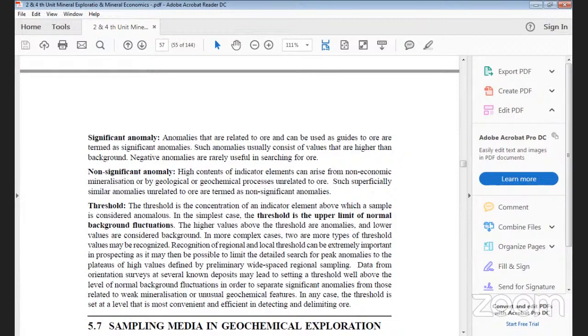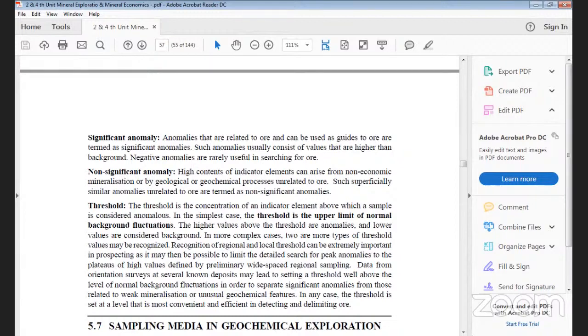So first, we conduct the recognition survey in that area, collect the samples and do the analysis. After that we get the results, and as per the database we fix some threshold values, and as per the threshold values we again do the analysis, again we do a detailed survey.